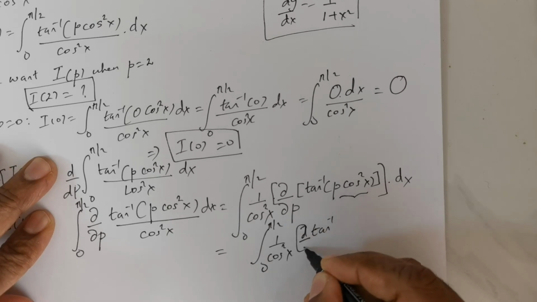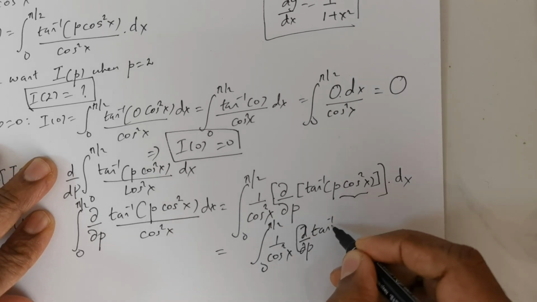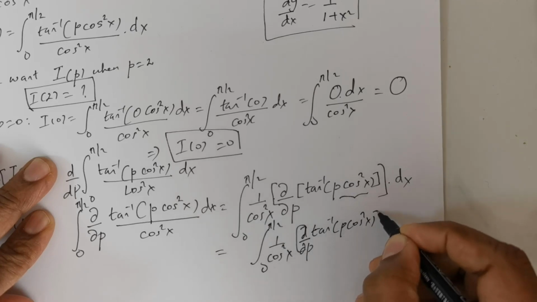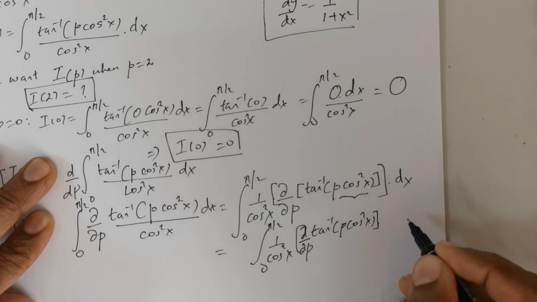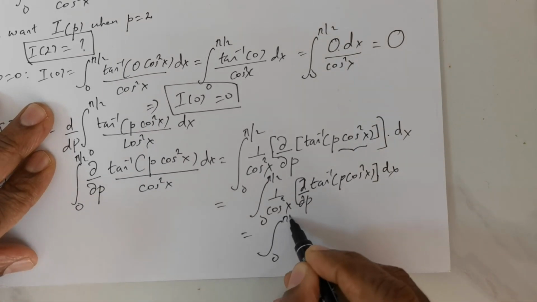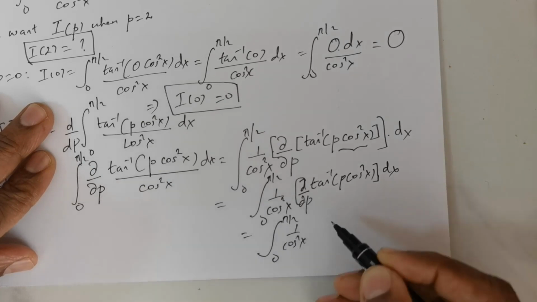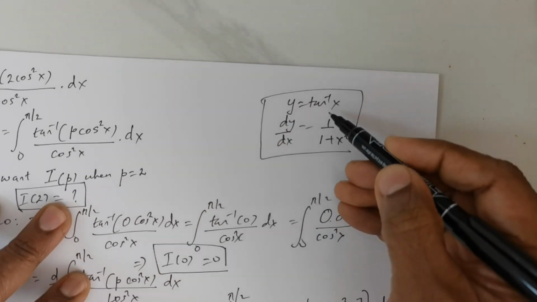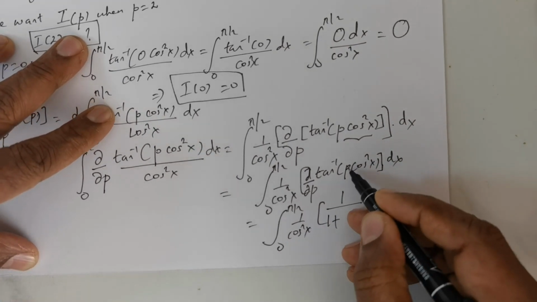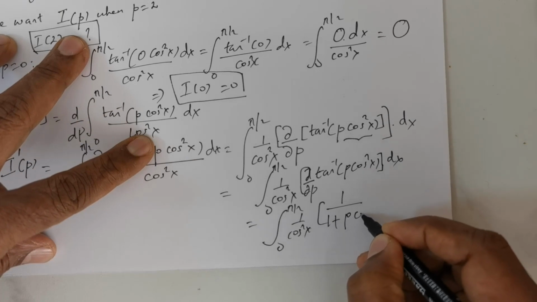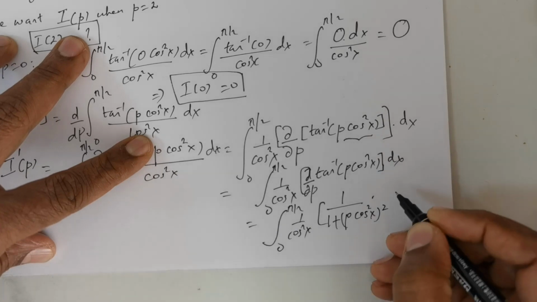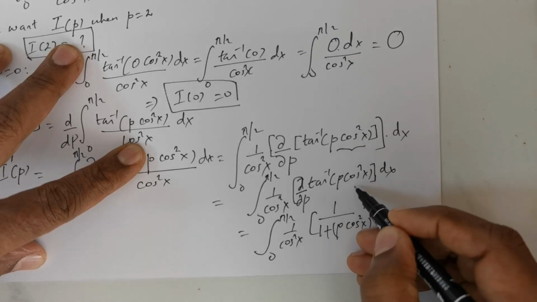Let me rewrite that step. Dou over dou p, I will have to differentiate tan inverse of p times cos squared x. This differential is going to be, using this formula, 1 over 1 plus, in place of x I've got p times cos squared x, this raised to the power of 2, times the derivative of this quantity.